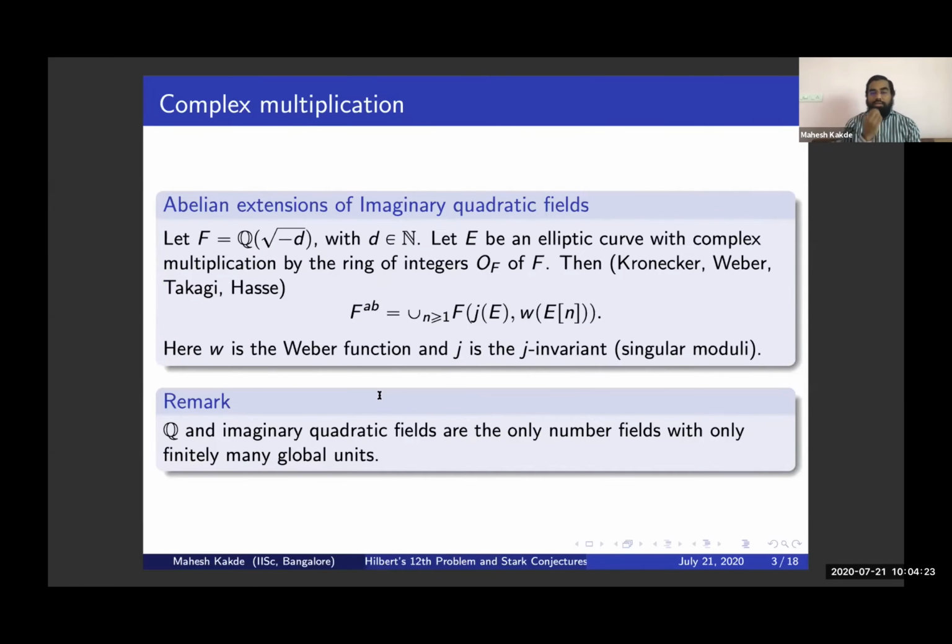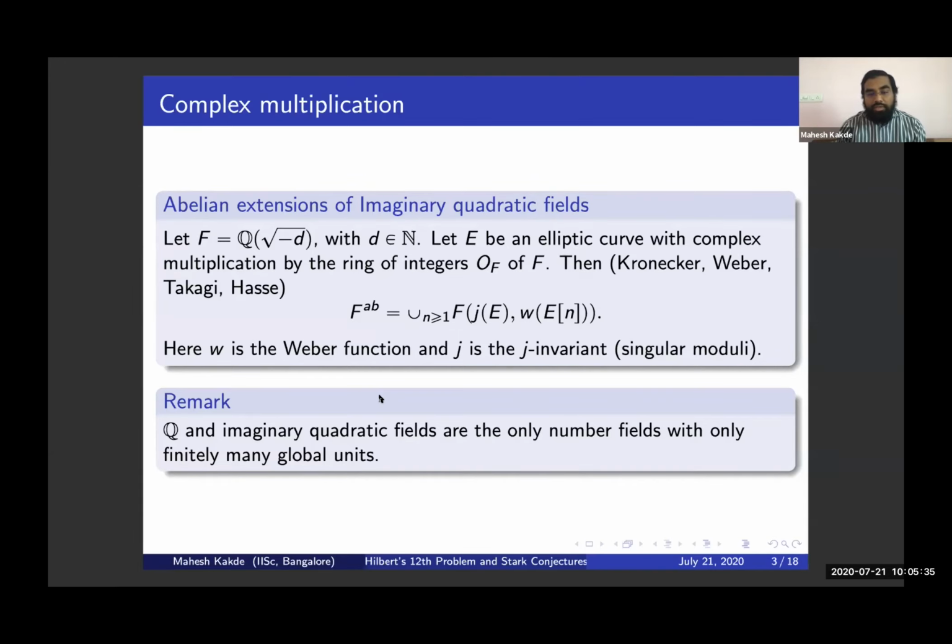If you take an imaginary quadratic field F = Q(square root of minus d), where d is a positive square-free integer, then we know how to explicitly get the maximal abelian extension of F. What you do is take an elliptic curve with complex multiplication by the ring of integers of F. Such a thing always exists, not necessarily over Q, but over what is called the Hilbert class field of F. And you take the j invariant, the j function, which is the well-known modular form g2 cubed divided by delta, scaled appropriately by 1728, and evaluate it at E.